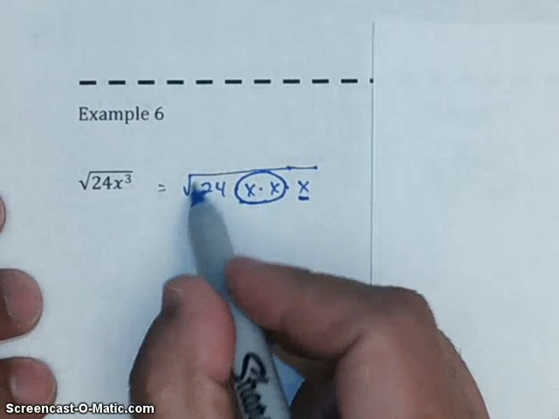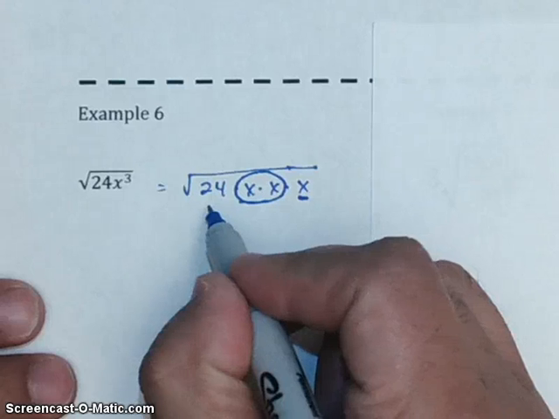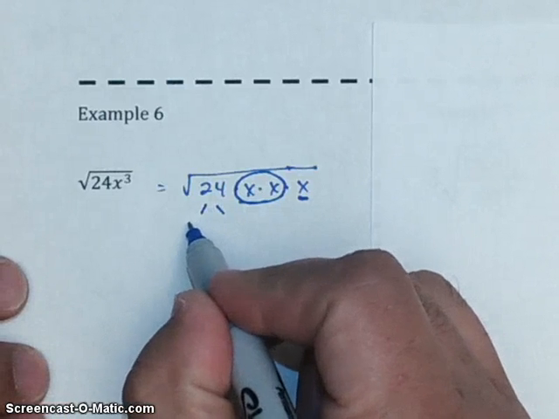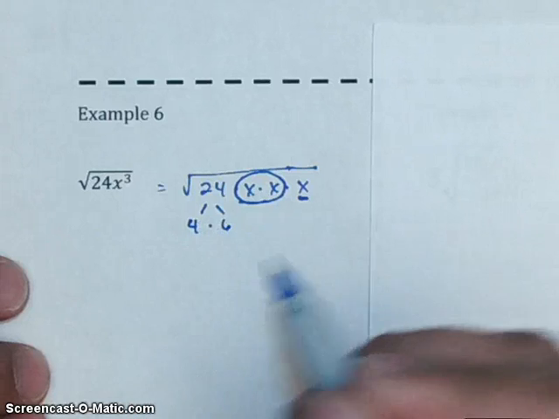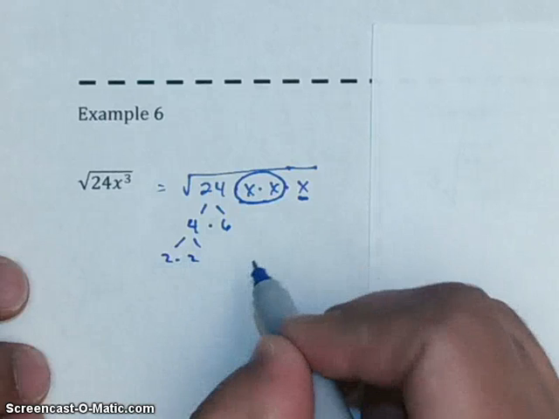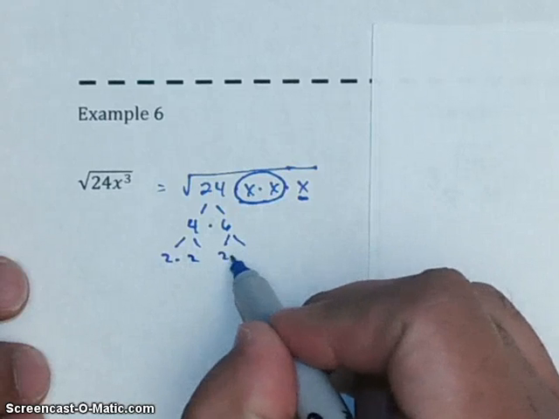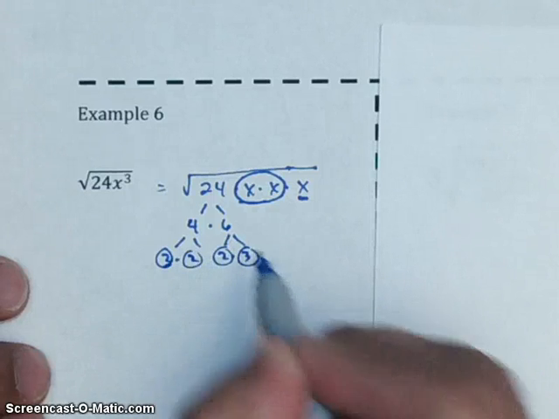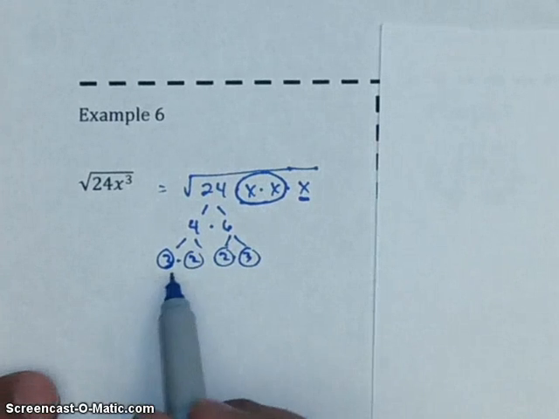So the 24 is kind of what we've been doing. We can factor this out into 4 times 6. This is going to be 2 times 2. This would be 2 times 3. So these are my primes.